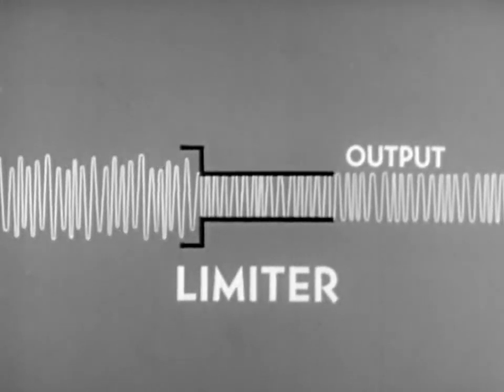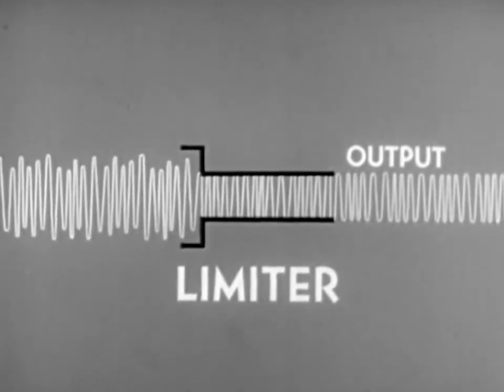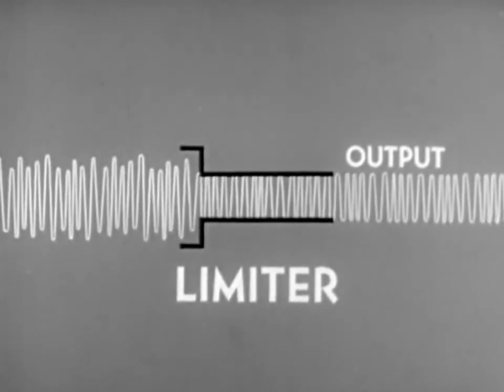The next step is to extract the intelligence, to change the frequency variations back into audio frequency voltage variations, which we can then amplify and feed to a speaker. In an FM receiver, this is the function of the demodulator or discriminator.